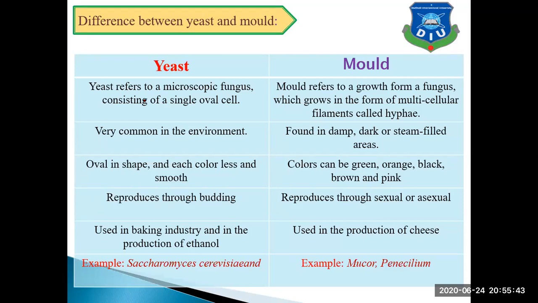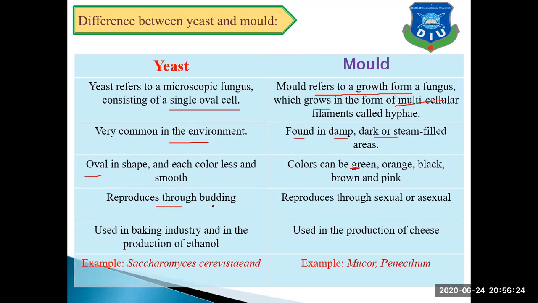Here are some differences. Yeast refers to a microscopic fungus consisting of a single oval cell, whereas mold refers to a growth form of fungus which grows in the form of multicellular filamentous hyphae. Yeast is very common in the environment, but mold is mostly found in damp, dark, or steamy areas. In shape, yeast is mostly oval. Yeast is colorless and smooth, and mold color can be green, orange, black, brown, or pink.